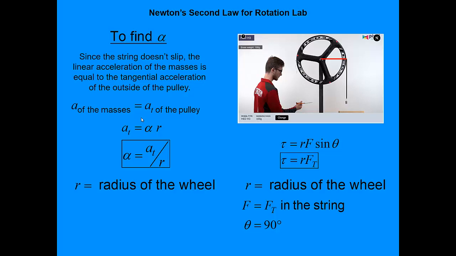And then you're going to graph torque versus angular acceleration. Torque on the vertical axis, angular acceleration on the horizontal axis, and see what happens. What's the relationship? What's the slope? And we're going to pull meaning out of that in the post lab.